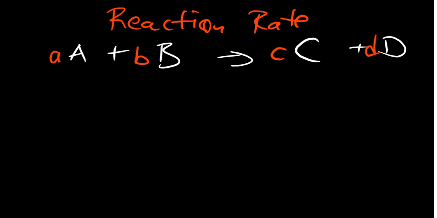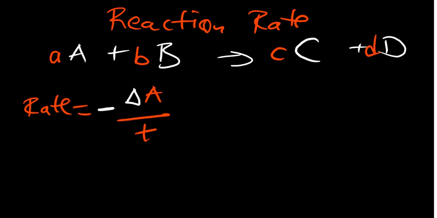Okay, so the rate of the reaction in terms of the reactants, we are supposed to put a negative. So it's going to be negative of the change in concentration of A over the time that it takes, multiplied by 1 over a, which is the stoichiometric coefficient there.